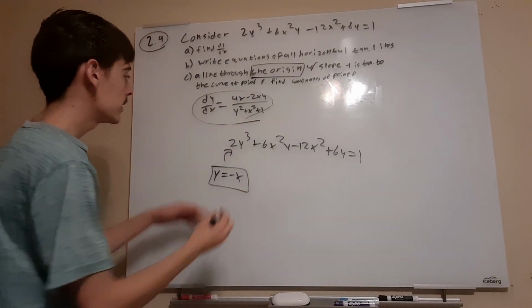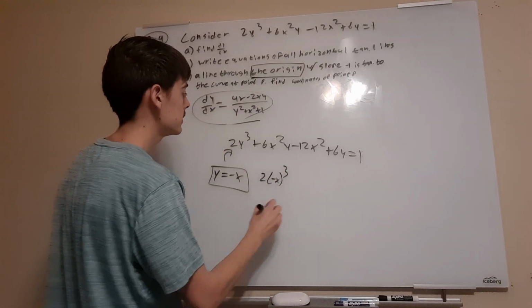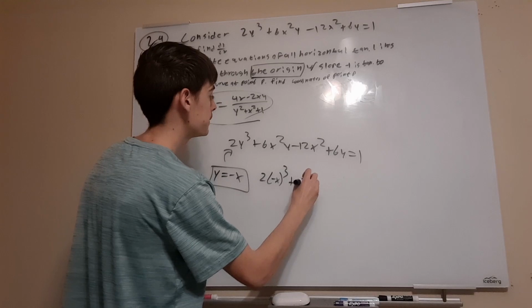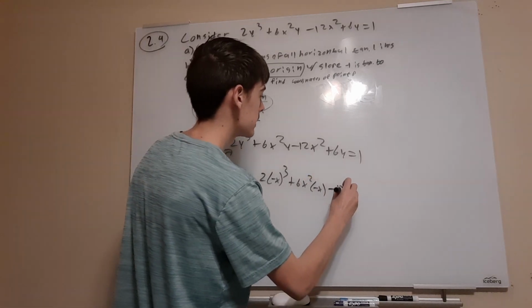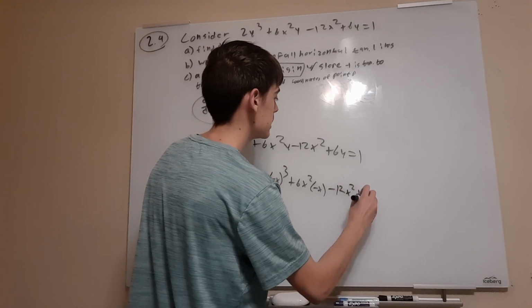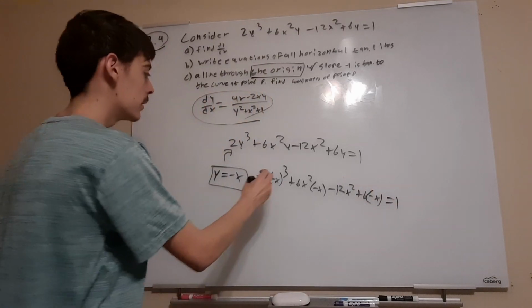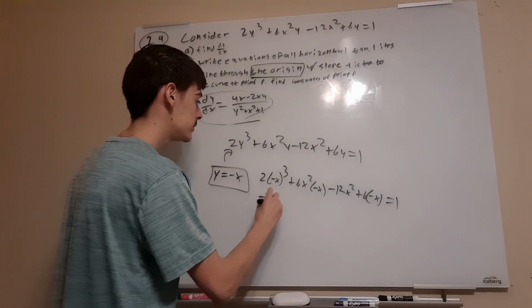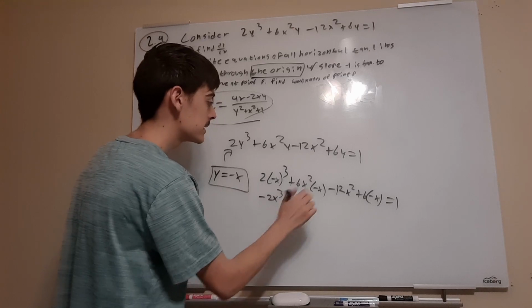So for here, it'll be 2 times -x cubed plus 6x squared times -x minus 12x squared plus 6 times -x equals 1.